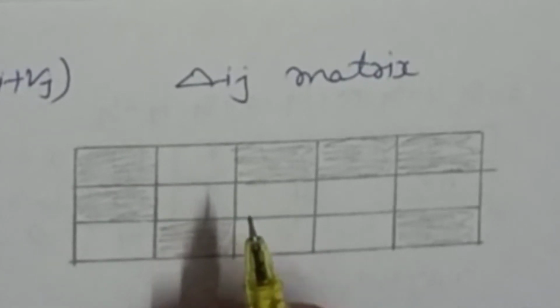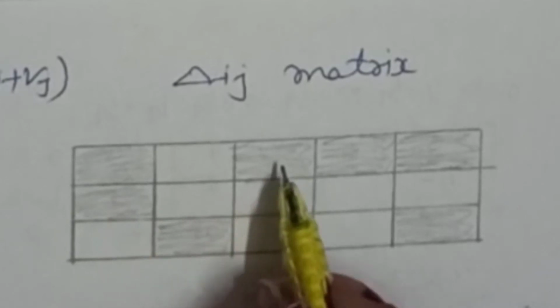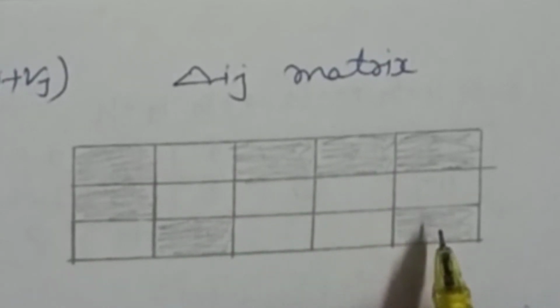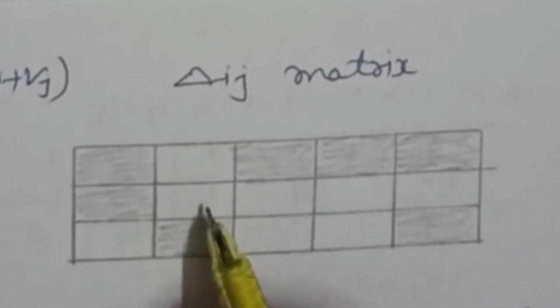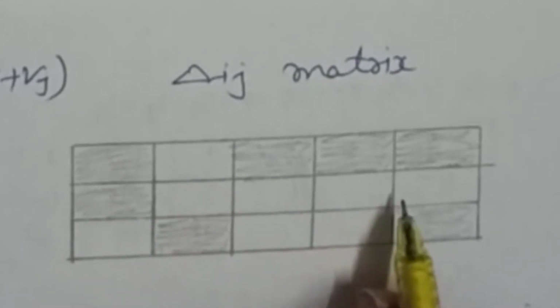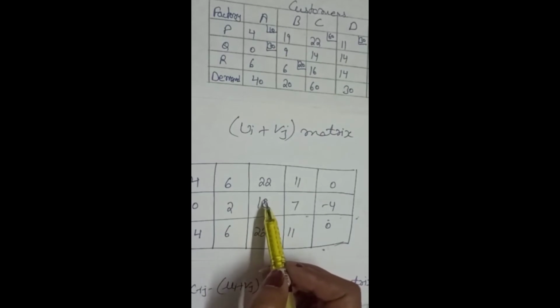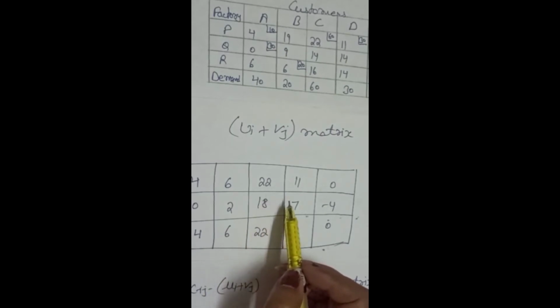Now we have to calculate this matrix. These are our allocated cells and these blank cells are our unallocated cells. We will find the values for these blank cells. How to find the values? This is our original matrix and this is the ui plus vj matrix. We will write the difference here.